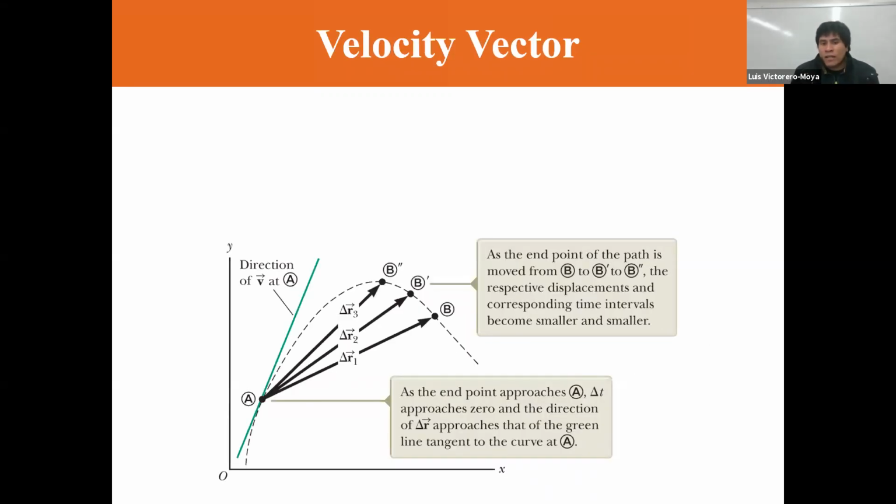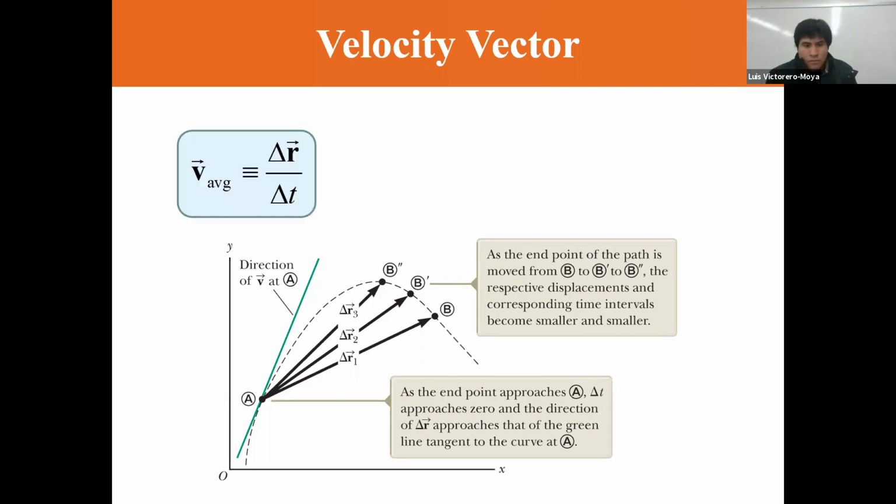So from that base, we can define the velocity vector, which is now the variation of R with respect to time. And remember, right, delta R over delta T will be the average velocity. But then, of course, we define the instantaneous velocity, which is the velocity at some point in the trajectory.